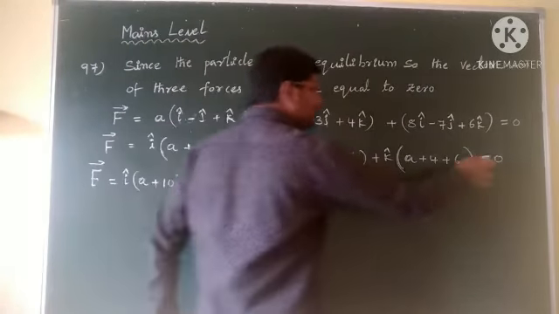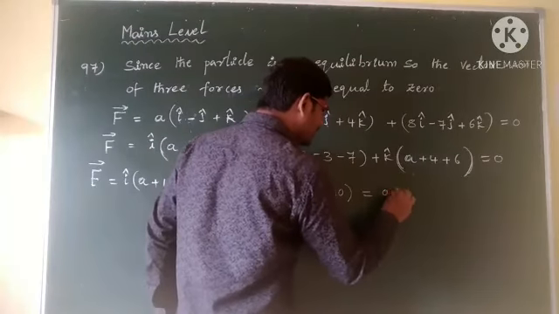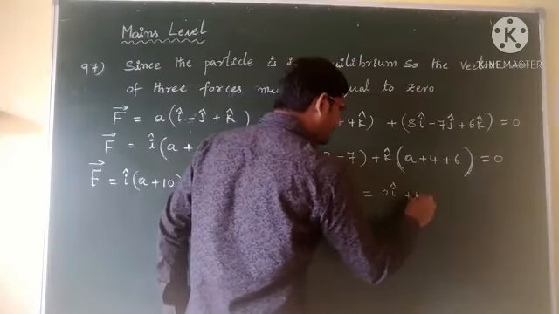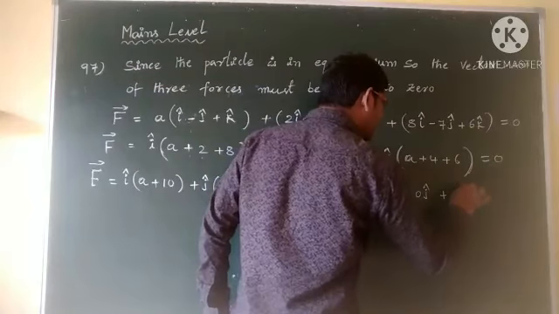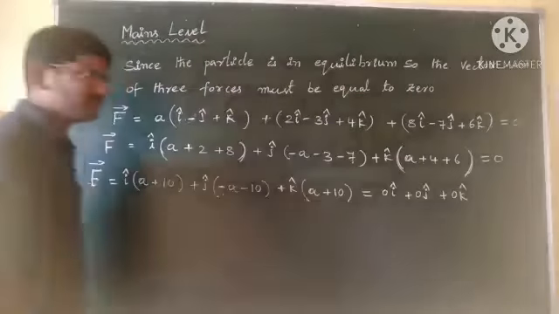So it is equal to 0. I want to write this as 0 into i cap plus 0 into j cap plus 0 into k cap.